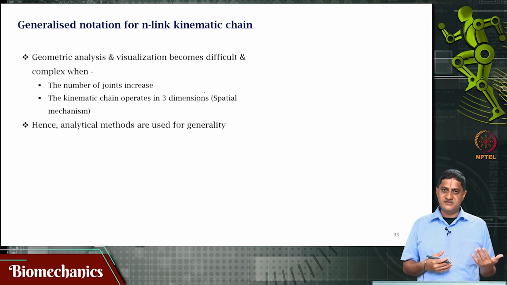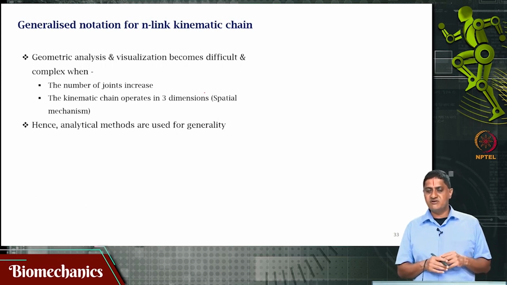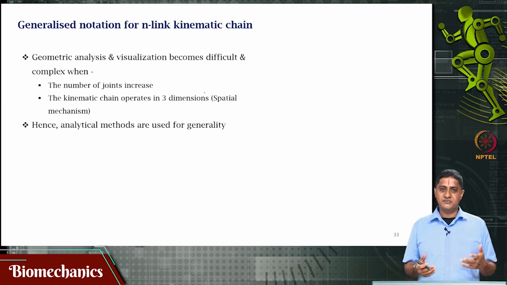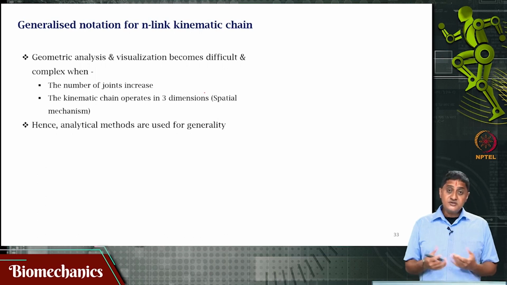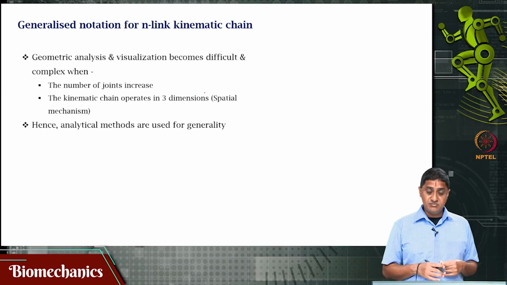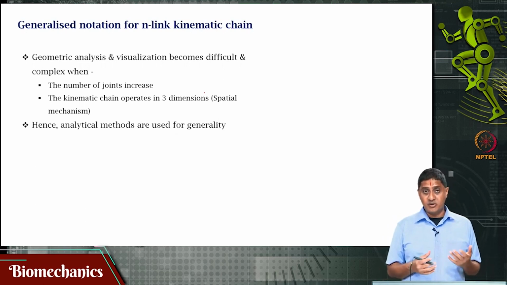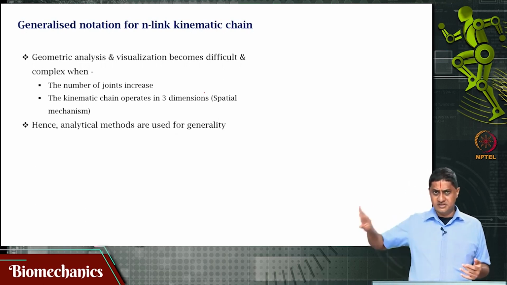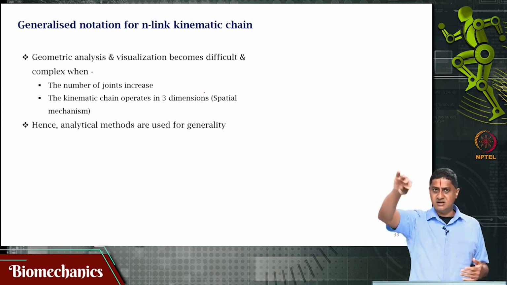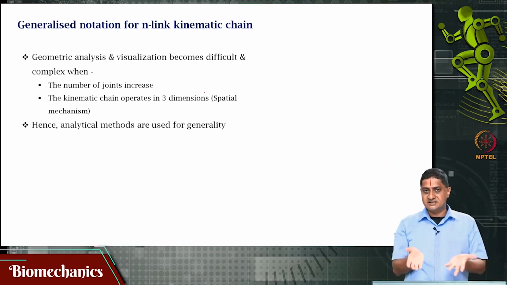We saw that the 2-link kinematic chain was not too bad, it was relatively easy. The moment we jumped to 3-link, suddenly the complexity jumped. And as the number of links keeps increasing, the complexity keeps increasing. Also, so far we have assumed only planar kinematic chains, but real world robots and real world humans can make movements that are not in a plane. Right now the movement that I am making is in space, in 3D.